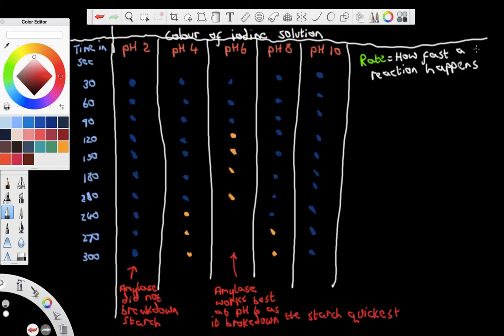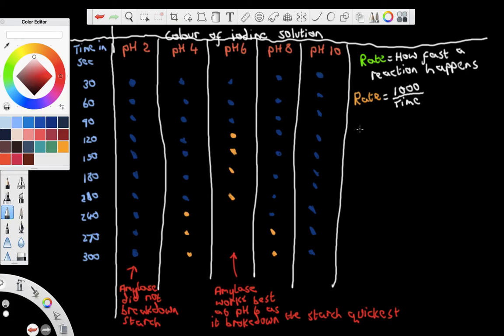We can do this by doing 1,000 divided by the time. So rate is equal to 1,000 divided by the time. So we can work out our rate at the different ones.